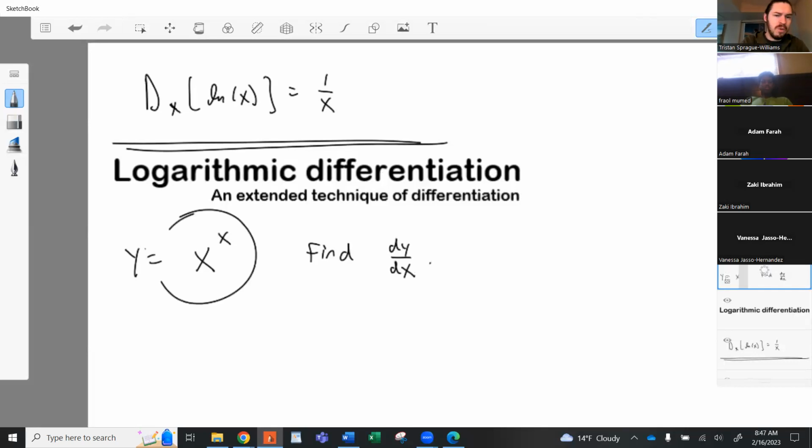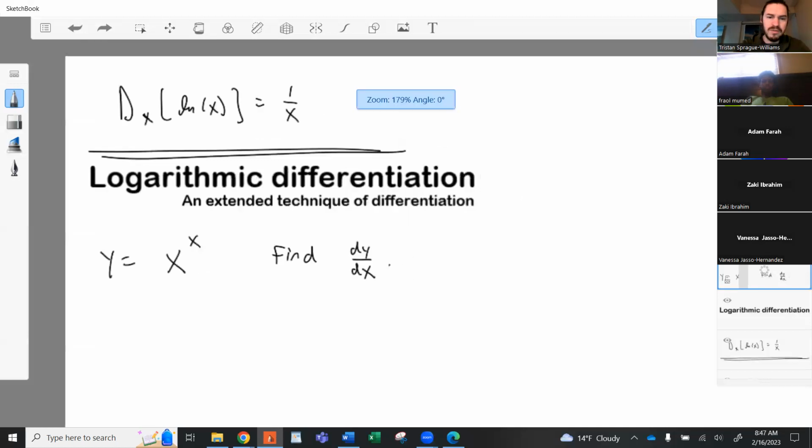X to the power x is a wacky, weird function because it's not a power function, because its exponent is not constant. It's also not an exponential function because its base is not constant. It's kind of both or neither. The base and the power are both a variable, and they're the same variable.